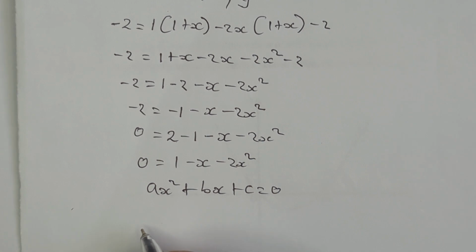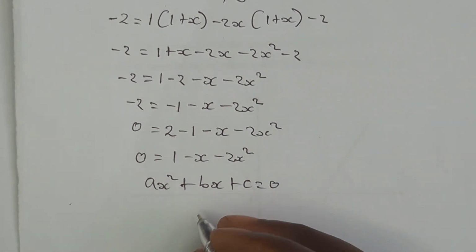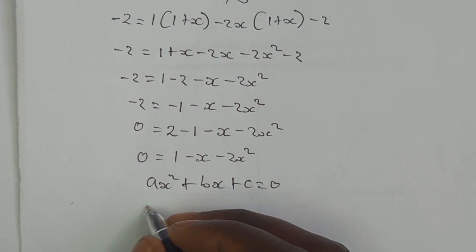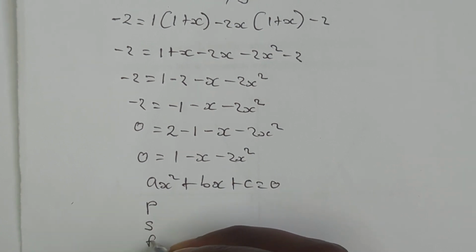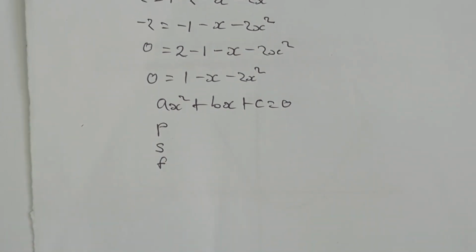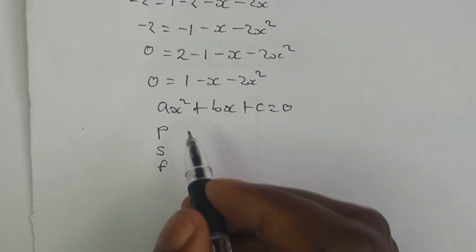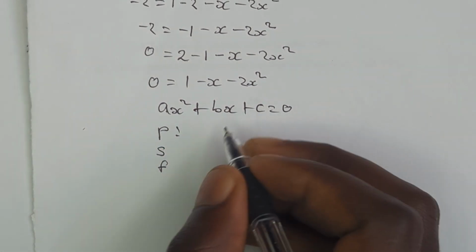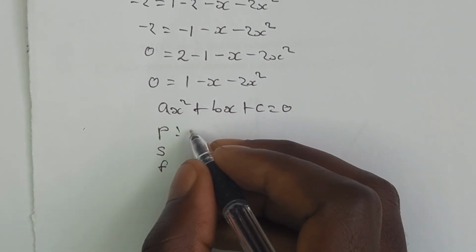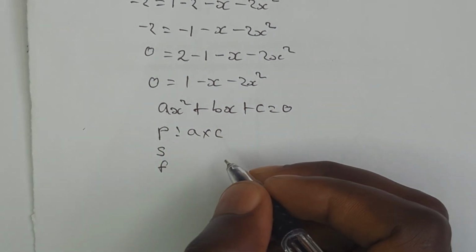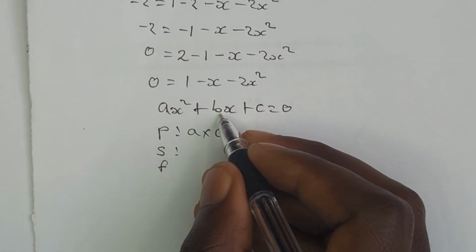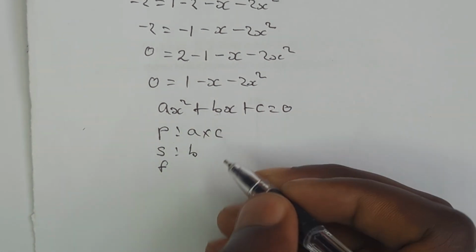Now, when using the factorization method, you need to find the product, sum, and factors. The product, you multiply a and c. The sum, you just get b, which is the coefficient of x.